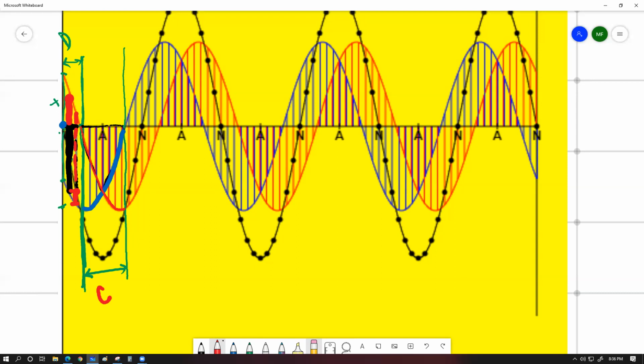ঠিক আছে? Now if you start observing from this point onwards to the right, you'll see that here the red is over here, and now the blue is starting to go on the positive side. So as long as the red and the blue are on opposite sides of the x-axis, I mean the equilibrium position line, we should have destructive superposition. So I can draw another line right through this point. Let me use green once again.